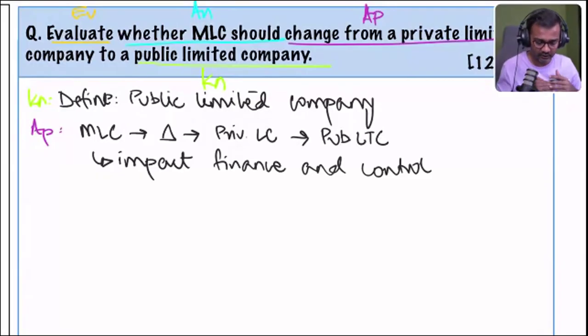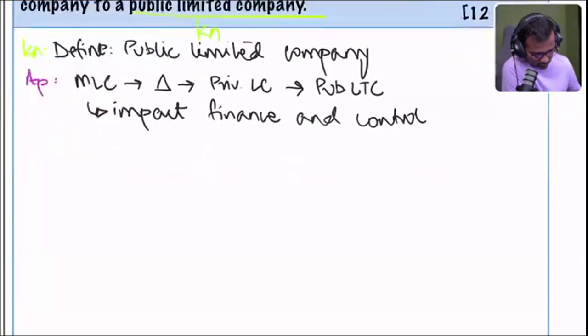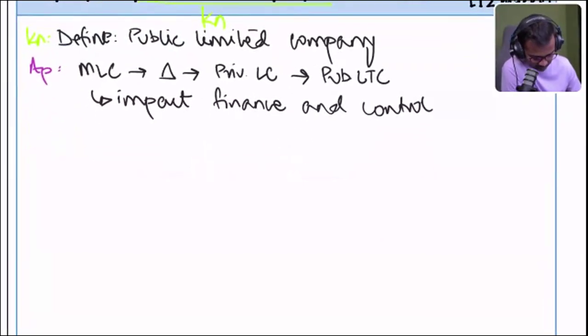Okay, so you lay down the situation, you lay down the law, you tell the examiner, look, I know what you talk to me about, which is publicly owned company. You also explain to the examiner that I know exactly the situation you want me to talk about, which is the transition from a private to a public. And then you go into your first paragraph, or just mentioning the first line of knowledge.